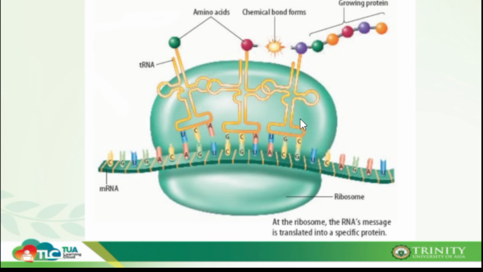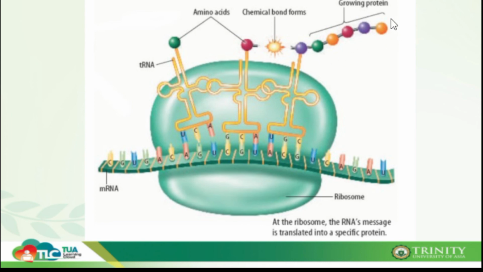So the ribosomal RNA will call for a tRNA that is complementary to your AGU, and that is UCA. So pupunta si tRNA na mayroong anticodon complementary doon sa mRNA. Pag nag-attach sila, bibitaw po yung amino acid. And those amino acids will form a chemical bond to produce the growing protein.